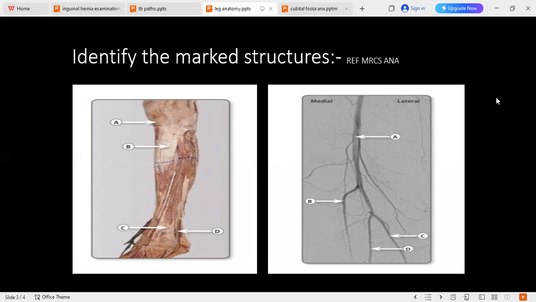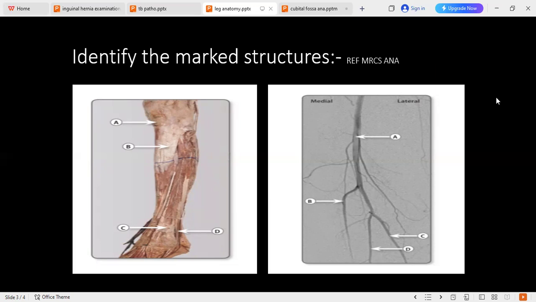Posterior compartment has superficial and deep compartments. Superficial consists of soleus, gastrocnemius, and popliteus, plantaris, and the deep posterior compartment consists of flexor digitorum longus, flexor hallucis longus, and tibialis posterior.